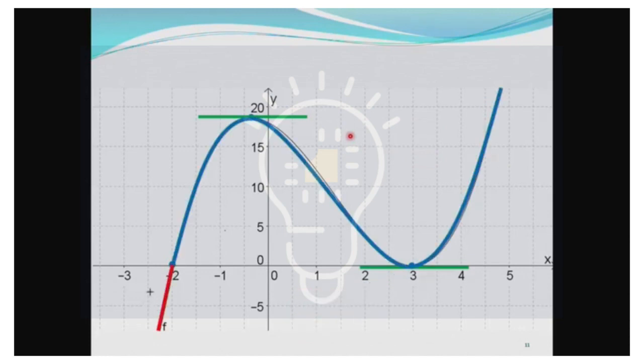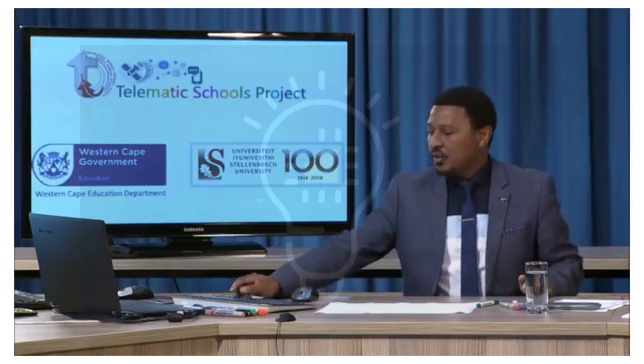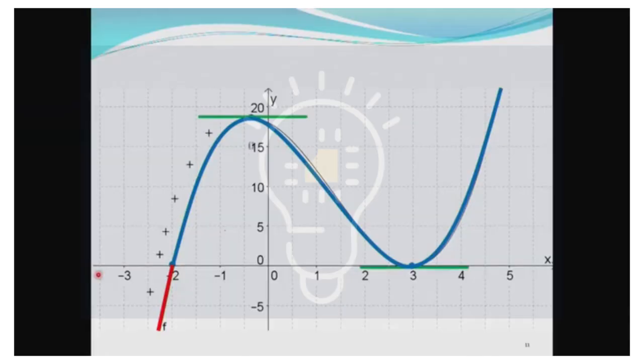Now, the other thing that the first derivative is telling us, can you see? If you draw any tangent line to this curve at this point, it will be lying to the right. All the lines lying to the right have a gradient that is always positive. What does that tell us? If your derivative is positive, then the function is increasing on that interval. The same applies on that side.